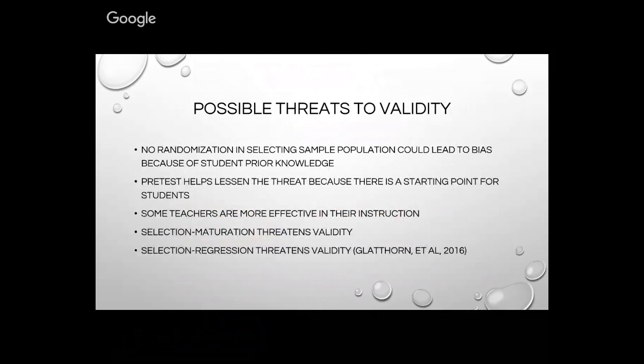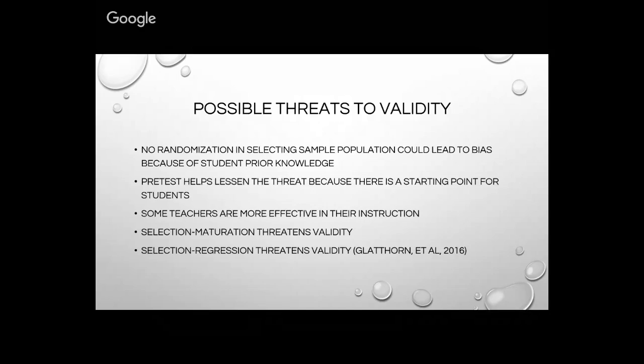Now, because of the non-randomization in the sample population, this is going to bring about some threats to internal validity. Because you're not randomly selecting this population, there could be bias based on student prior knowledge.